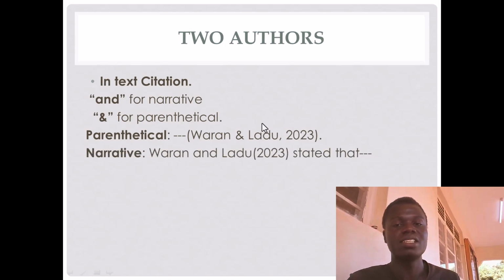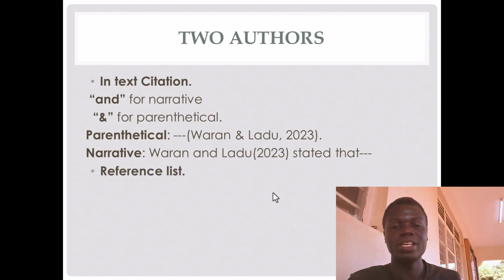In the narrative, you can bring the authors' names and separate them with "and," so you can say Waran and Ladu, and then you include the year of publication in the bracket. So it is more or less the same as when you're citing one author.